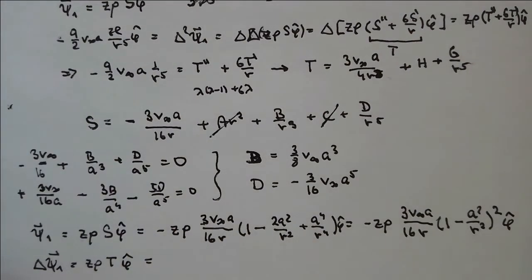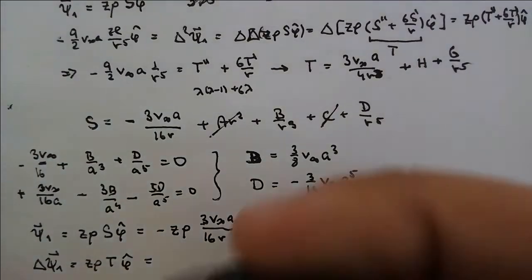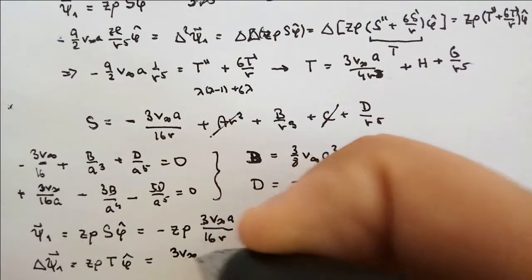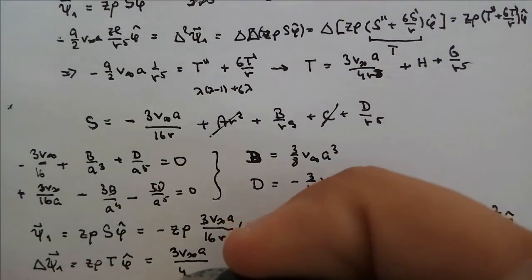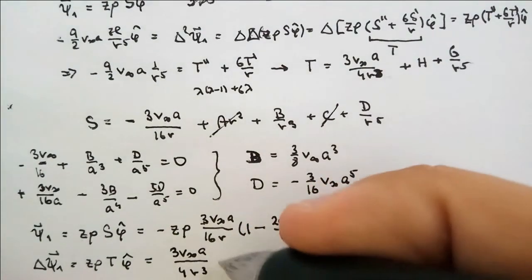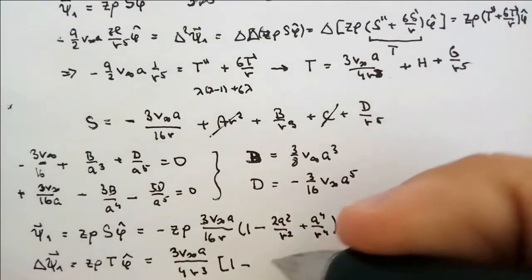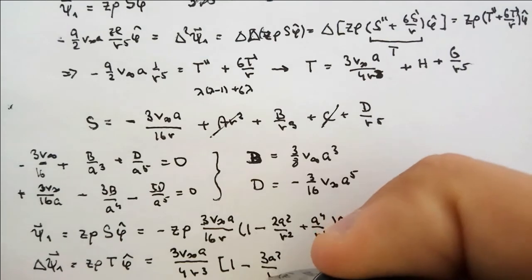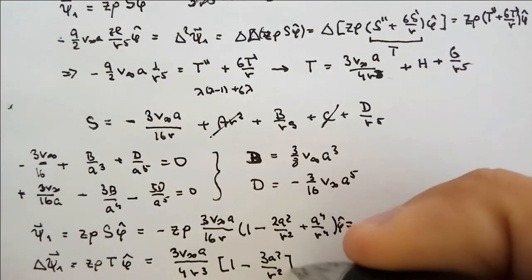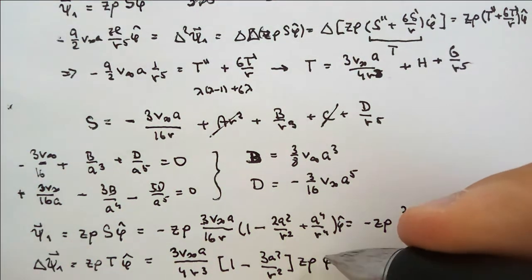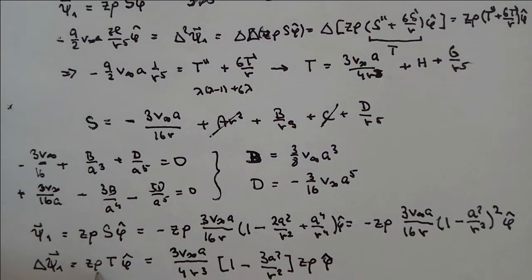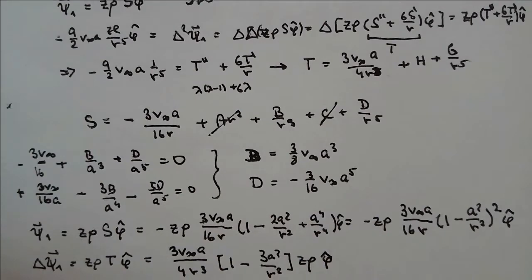So you will arrive at the simple expression, and the expression is 3 v infinity a over 4r cubed times 1 minus 3a squared over r squared times, oh, I almost forgot 0 and phi hat, and this is 0 t. T is basically this function.